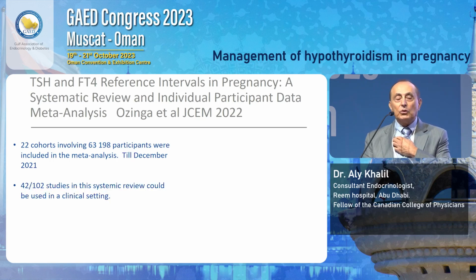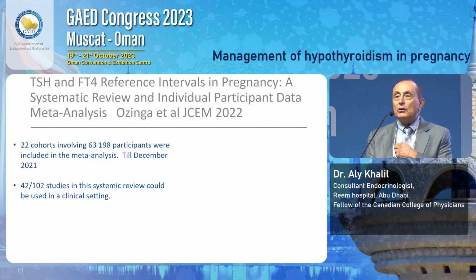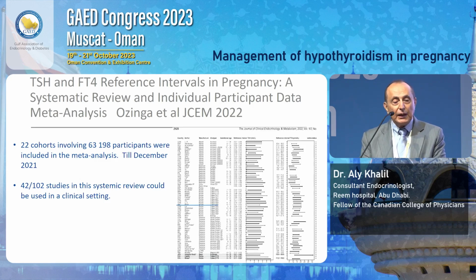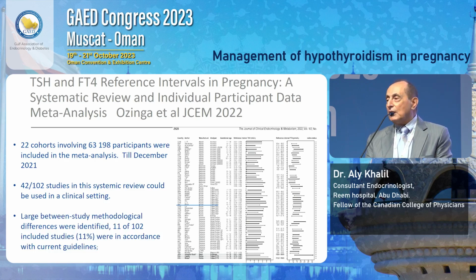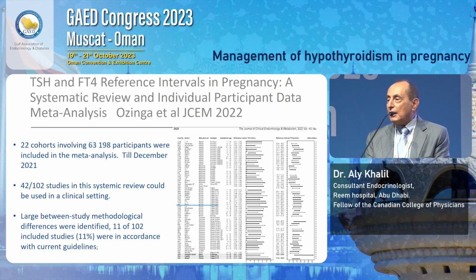And 42 out of 102 studies in this systematic review could be used in a clinical setting, so they can make some clinical meaning out of it. And underlined in blue is actually our study, included in those 42 studies. Only 11% have been following the guidelines, because really nobody has relevant data they could use.